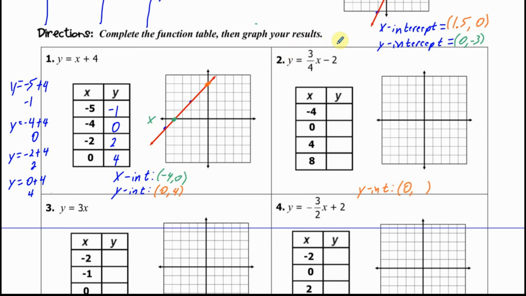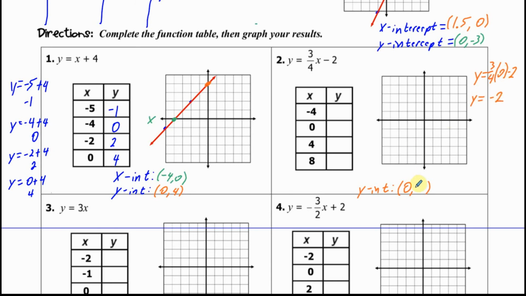So I'm going to put 0 in the place of x. So I'm going to come back up here into this equation, and we're going to have y equals 3/4 times 0 minus 2. Well, 3/4 times 0 is 0, minus 2 is -2.